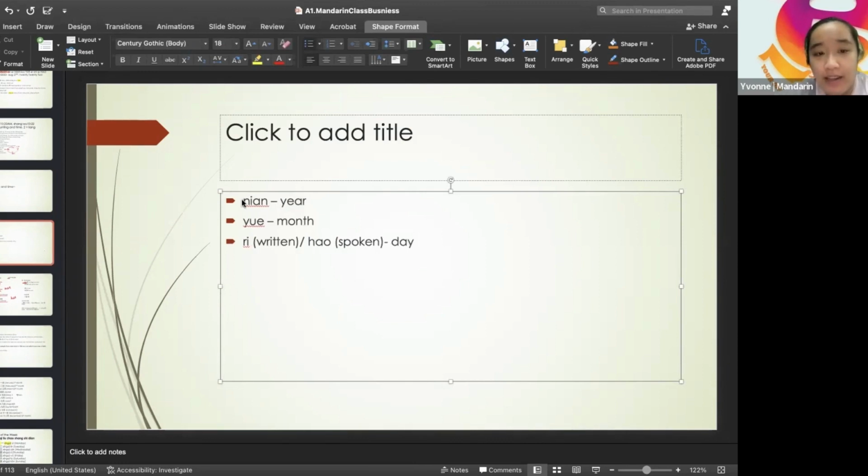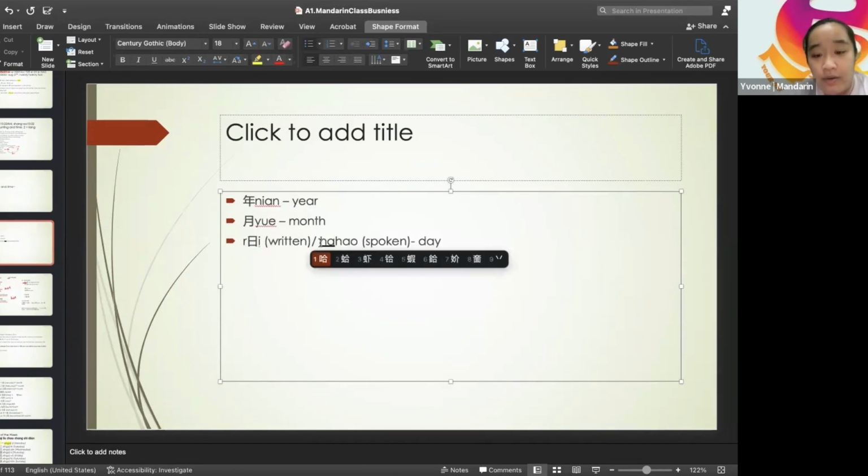And the corresponding writing is like this: 年, 月, and then 日 or 号. These are how the words look like. If you see them, then you would know, okay?